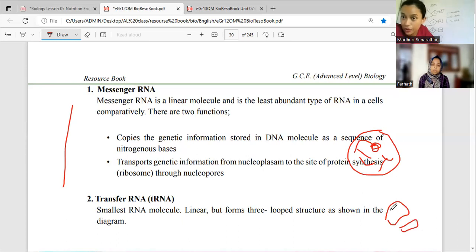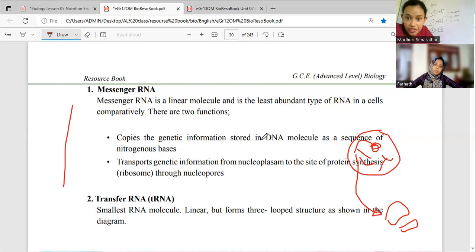Ribosomes are embedded in the cytoplasm of the cell, exterior to the nucleus. The command is included in genes in DNA, and it is carried from the nucleus to the outside, to the place of protein synthesis. This carrying is done by messenger RNA.